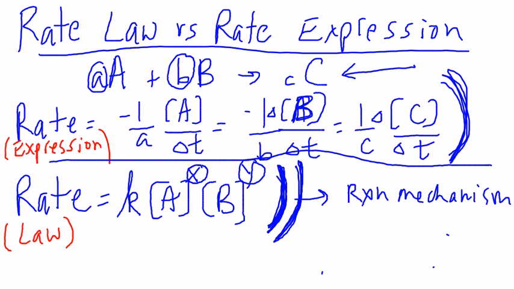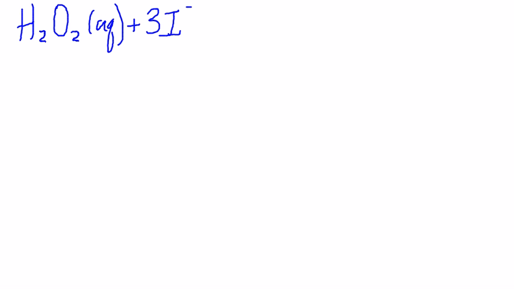Let's try an example here. Let's take the example of hydrogen peroxide in an aqueous state reacting with aqueous iodide ions in the presence of acid, or in an acidic environment.